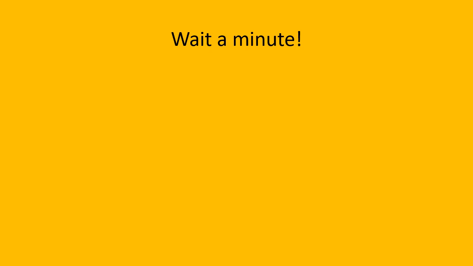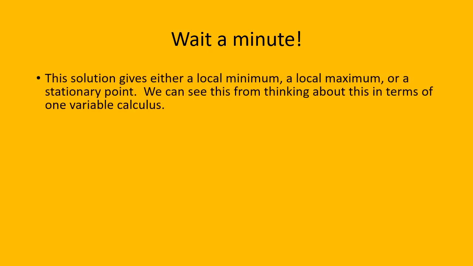So wait a minute, we have overlooked an important question. The solution we got is either going to be a local minimum, a local maximum, or a stationary point. We can see this because it's basically the same situation we had in Calculus 1 for a one variable function. And this problem that we've been looking at, we can actually phrase it as maximizing a function of one variable.